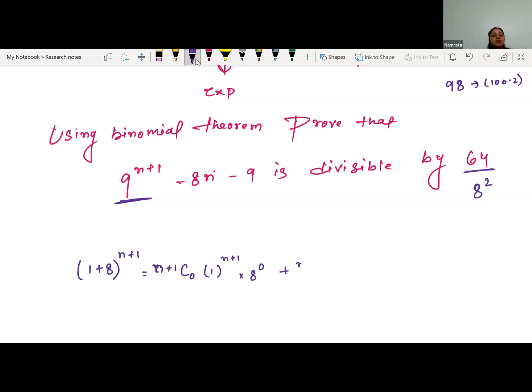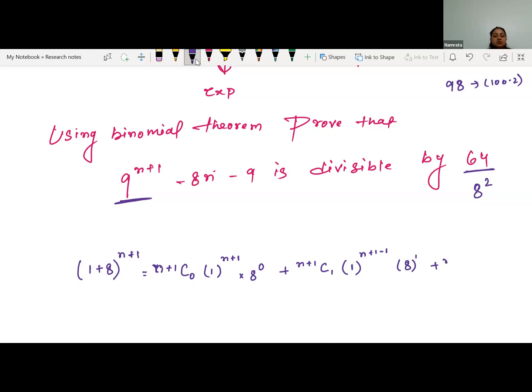Then nc1, that means n plus 1 c1. Then 1 to the power this minus this, so n plus 1 minus 1, and then 8 to the power 1. Any confusion, Lena? No, ma'am.